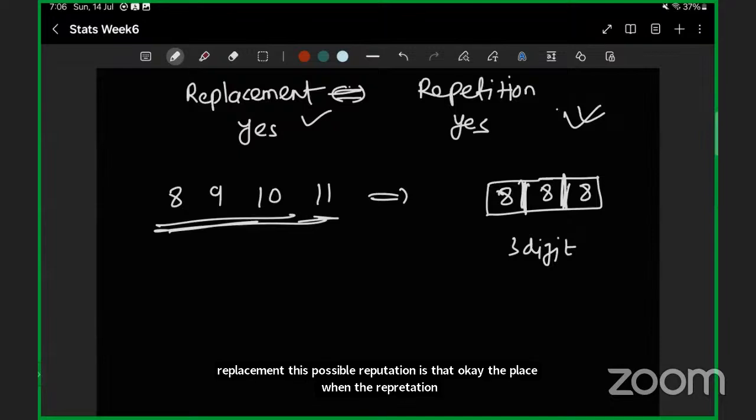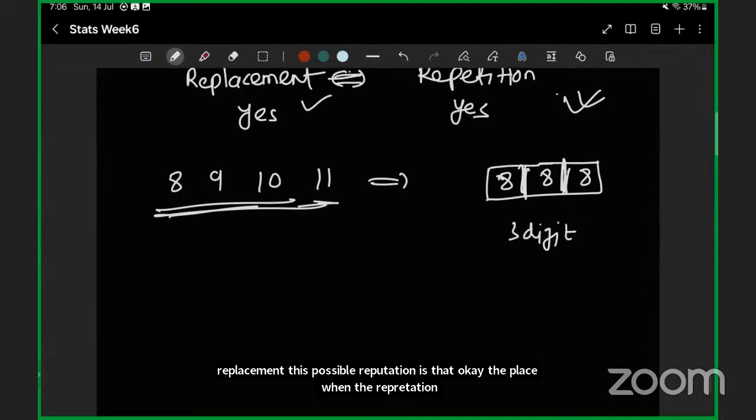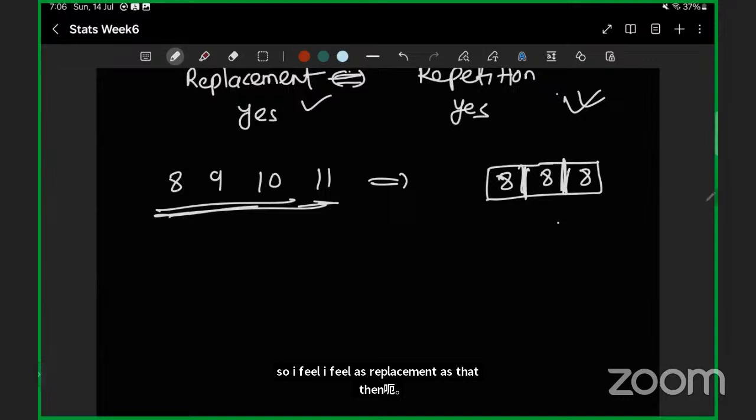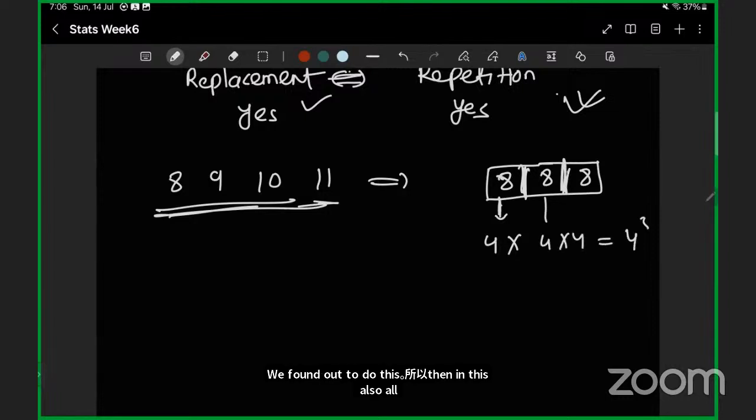So if replacement is there, all four are possible in each position: 8, 9, 10, 11, anything can come up. So it's 4 power 3.